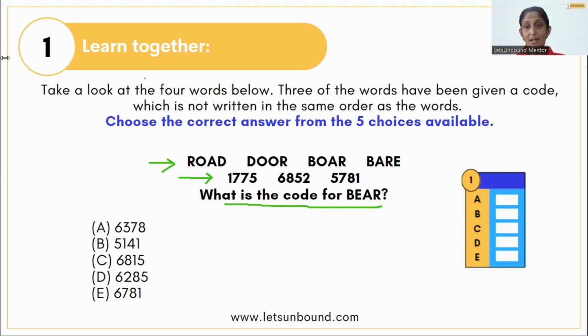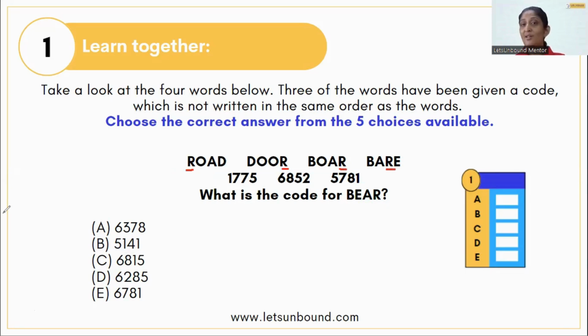But we can very easily find it out if we get to know the codes of all these alphabets B, E, A, R. Now, let's see if there is some similarity between the codes of the words. Let us start first with the letter which is there in all the words. The letter which is there in all the words is R. If you check, R is there in all the words.